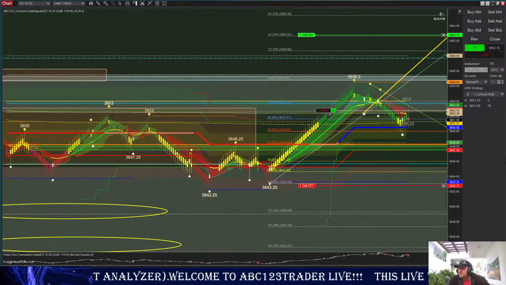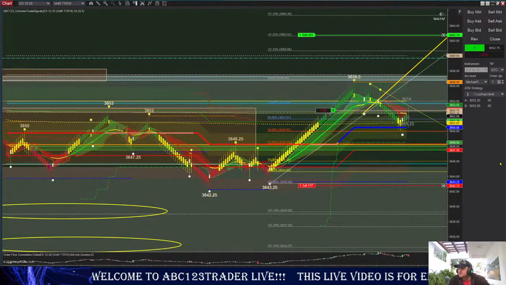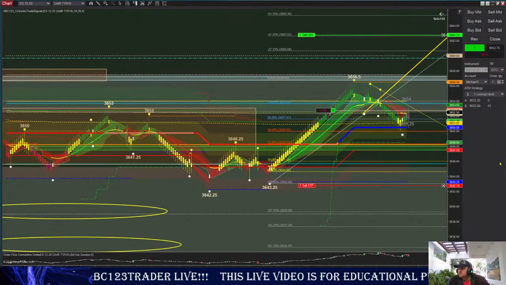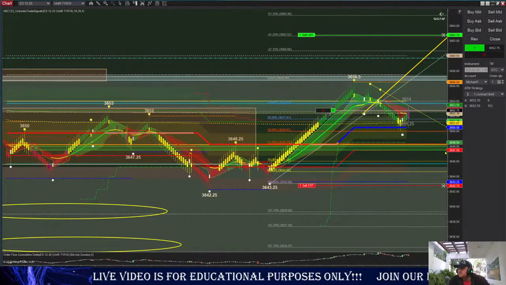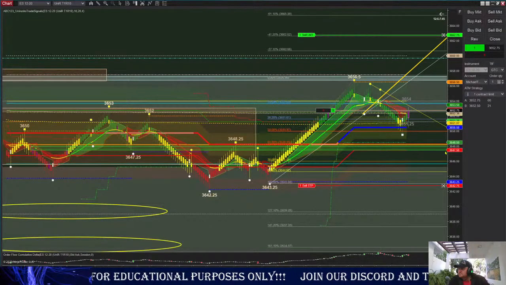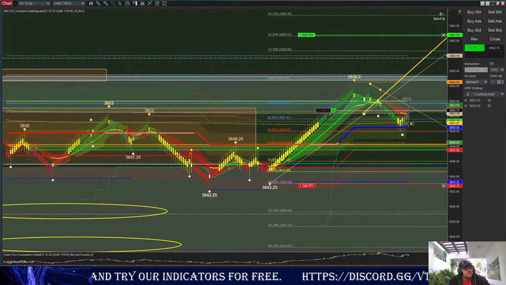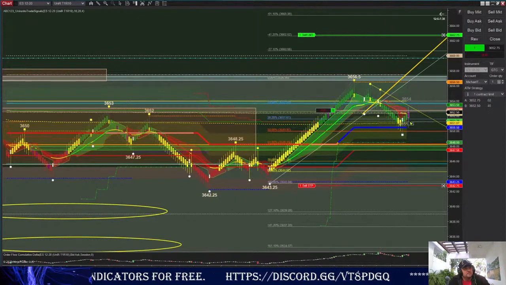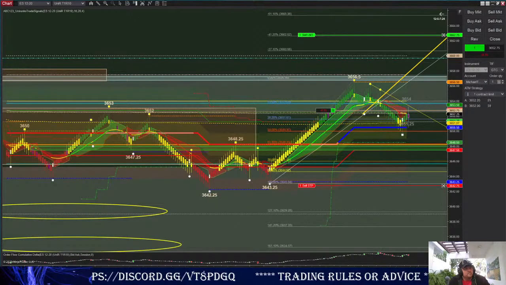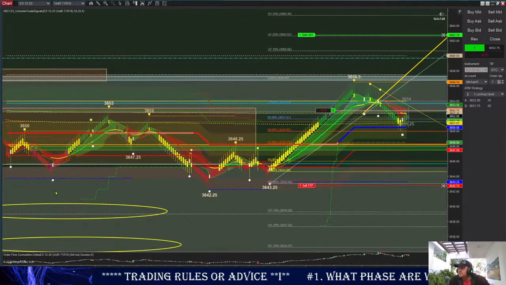Hopefully this didn't reverse, that 10:06 was an inversion pattern. I'm getting a lot of buying pressure. 275 to 350, 50. Come on.